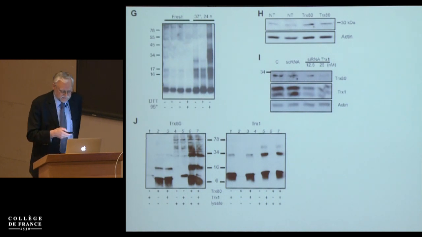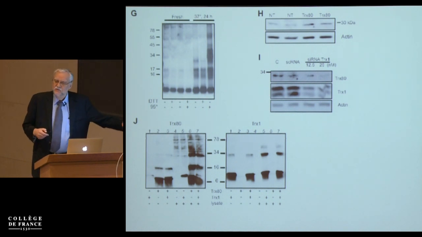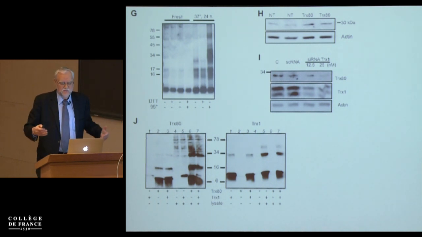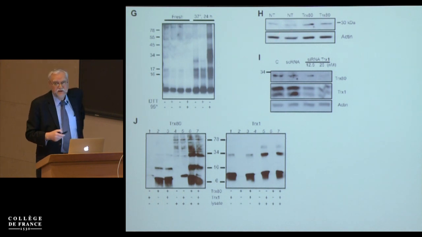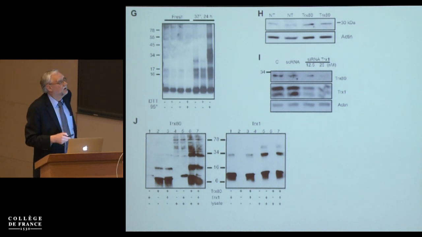The first thing we discovered, and now we have a monoclonal antibody which distinguishes thyrodoxin 80 from thyrodoxin. That's important because 80% of the molecules are the same. And thyrodoxin 80 is present in cultured nerve cells, in the brains, and so on. And it comes out as a 30 kilodalton band here.